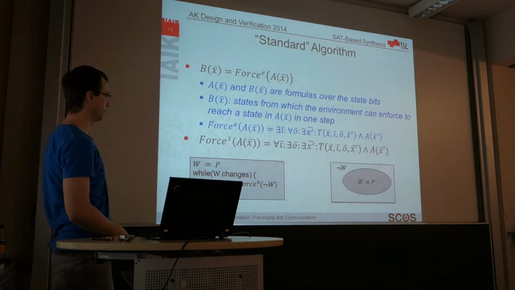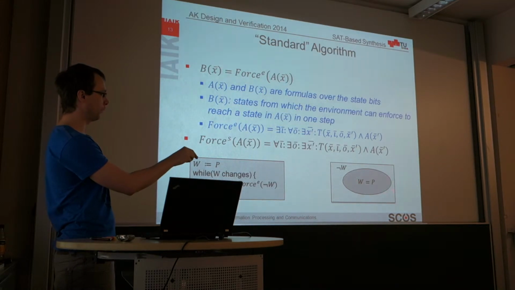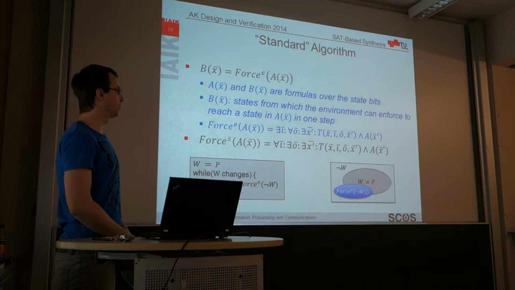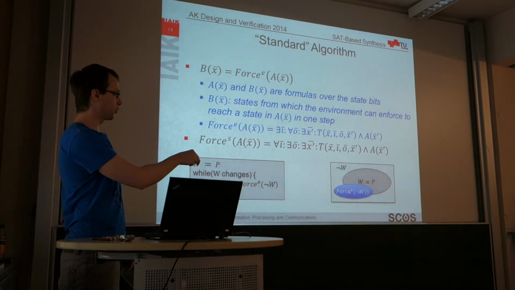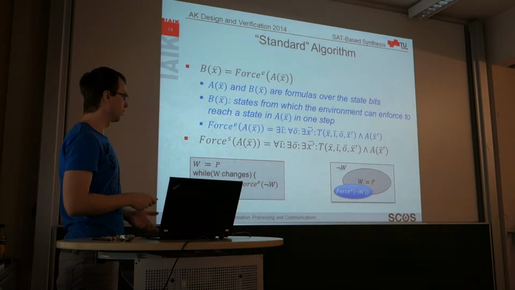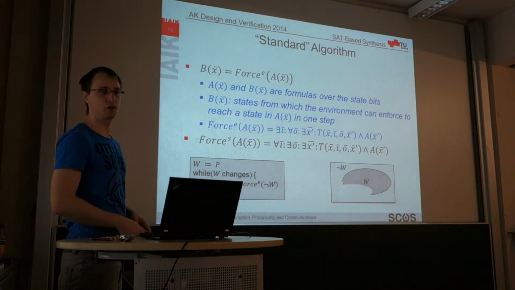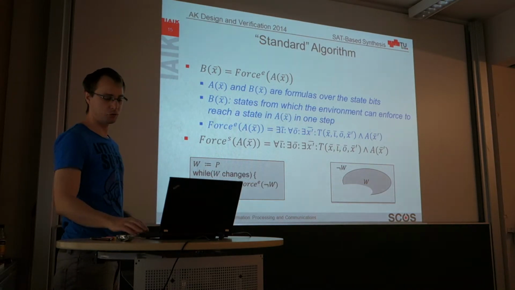Illustrated graphically, this looks like this. Initially, we have our winning region to be the set of all safe states. Then we compute the set of all states from which the evil environment can enforce to leave the winning region. Once we have this, we just remove this region from our winning region, and this is repeated.